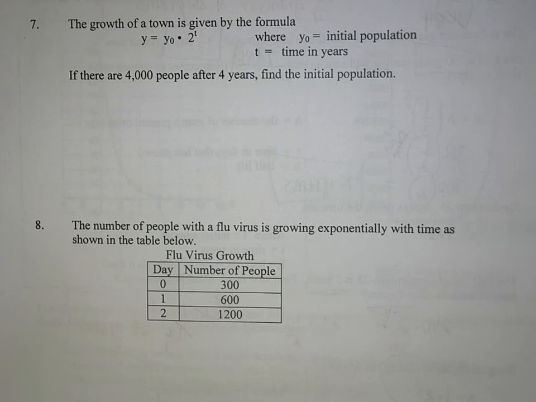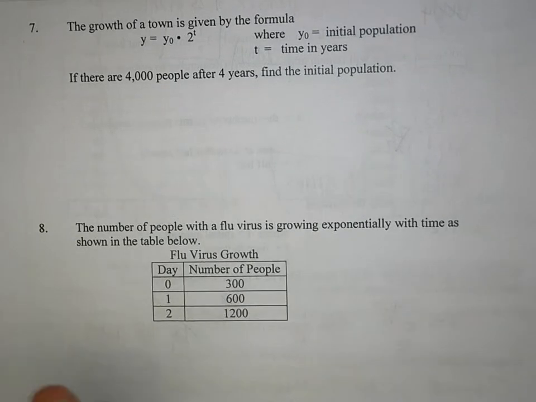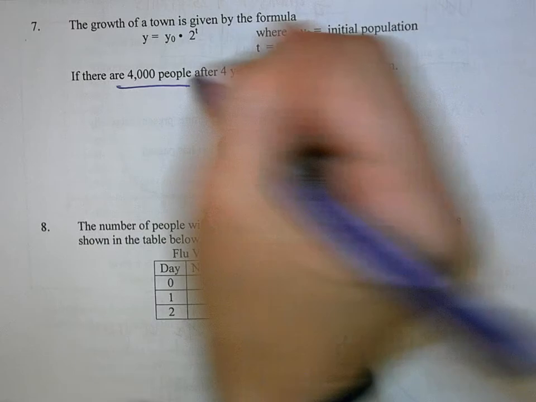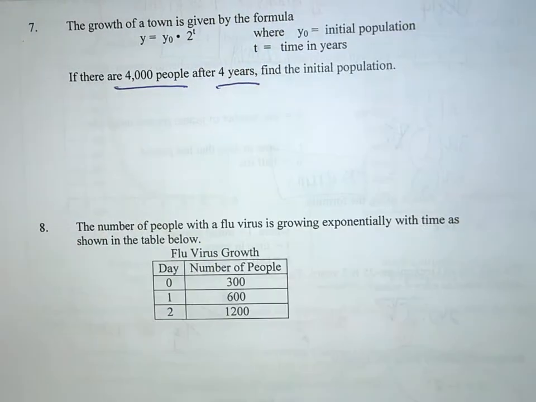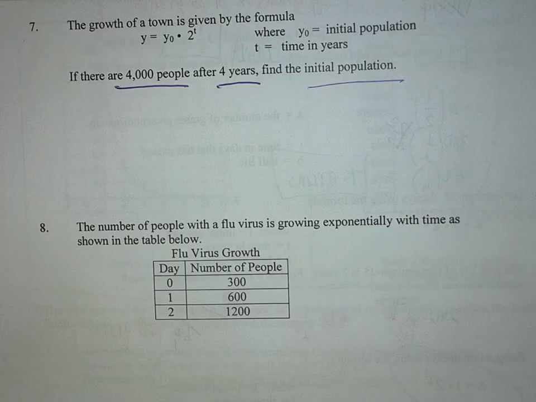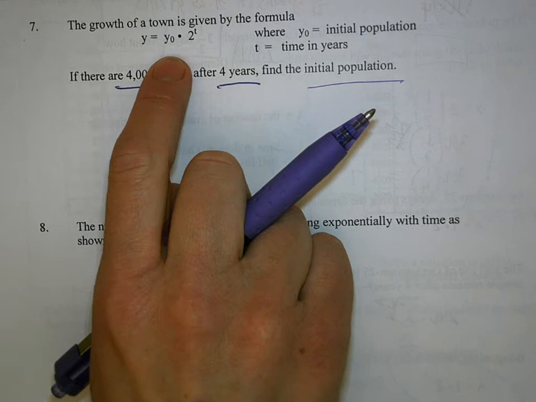Perfect. Good. All right, so yes, the answer is 250 people. Okay, so 4,000 people after 4 years, find the initial population. So we don't know the y sub 0, okay?